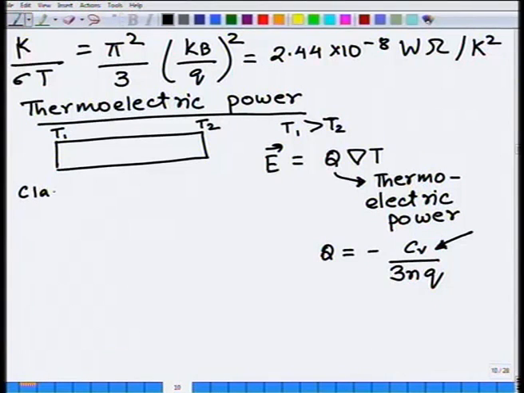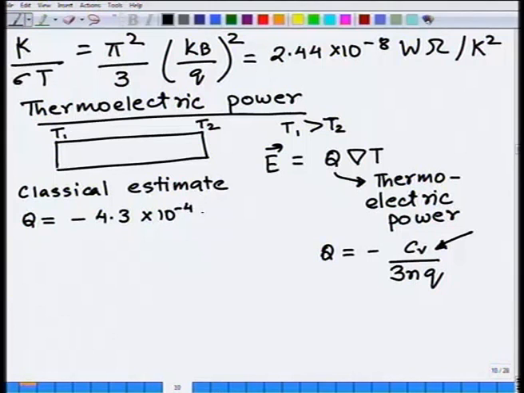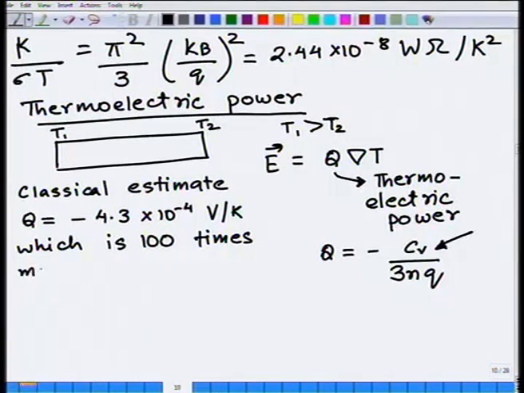If we use the classical estimate of specific heat, from Drude's theory, we get Q equal to minus 4.3 into 10 to the power minus 4 volts per Kelvin, which is 100 times more than the observed value.